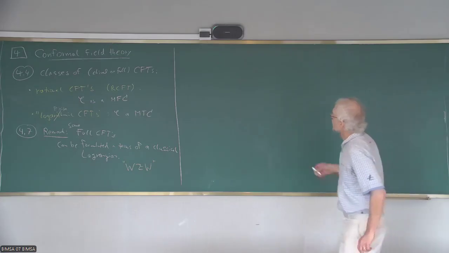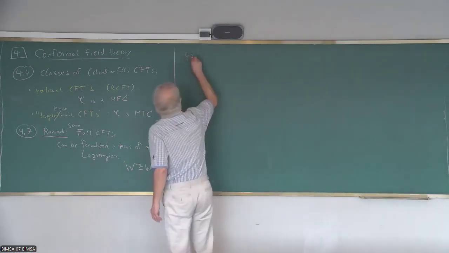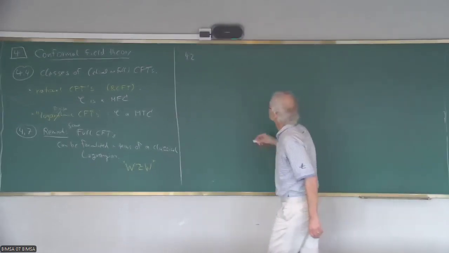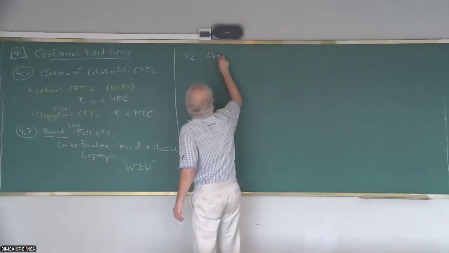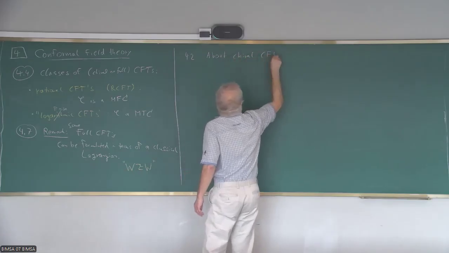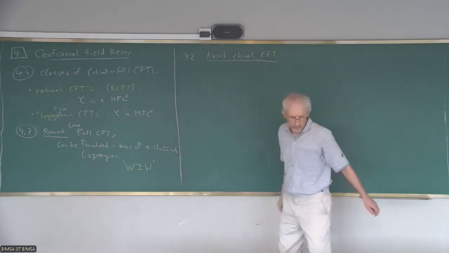So now section 4.2. This is about chiral conformal field theory, and I write explicitly about chiral CFT because, as I said, I will not have time to really define things.